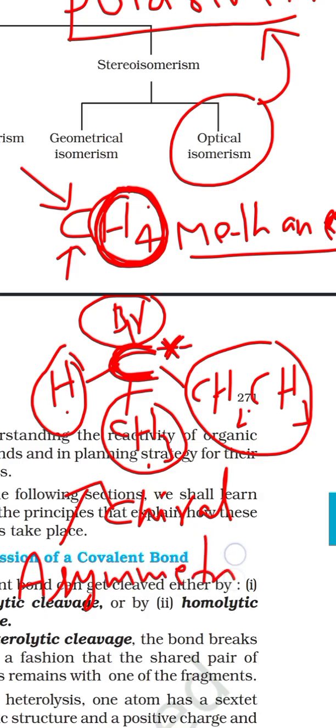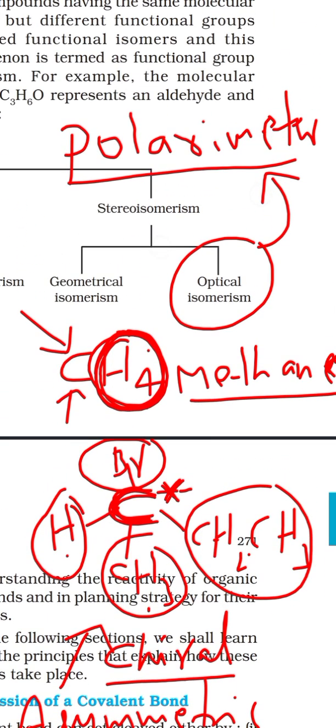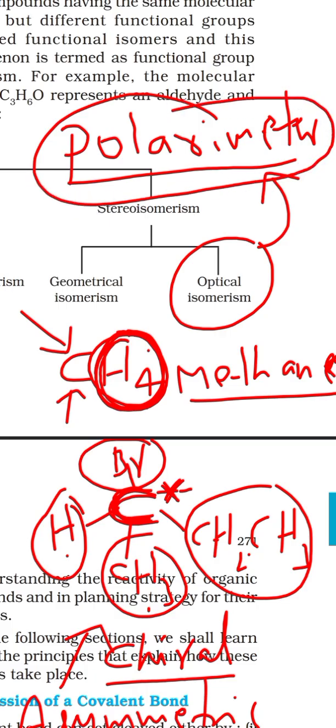When molecules which are asymmetric in nature and have a chiral carbon are kept in the polarimeter, there is a provision to keep the solution of this molecule in it.